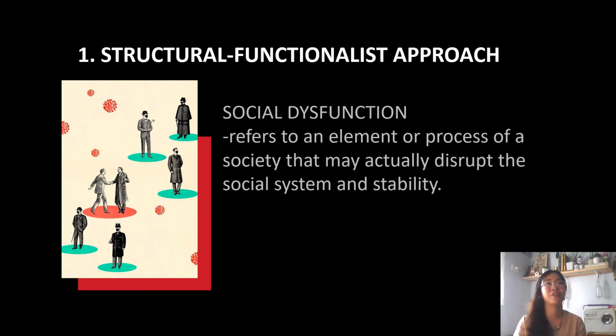Or even if, for example, there would be hoarding of face masks, it disrupts the very function of helping each other out to be protected and to get enough amount of the equipment and supplies that we need to protect ourselves from the virus. So those and many more can serve as a social dysfunction. I will be asking you guys later in our live session for some other examples that you can provide.